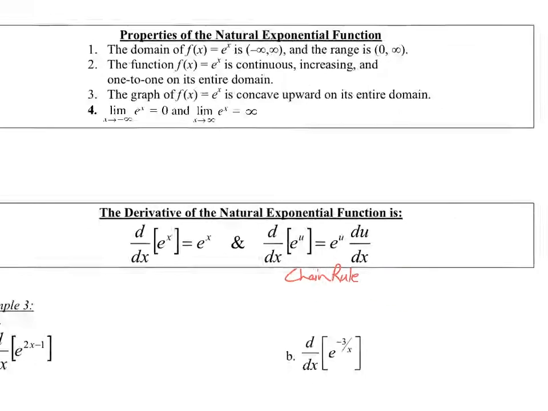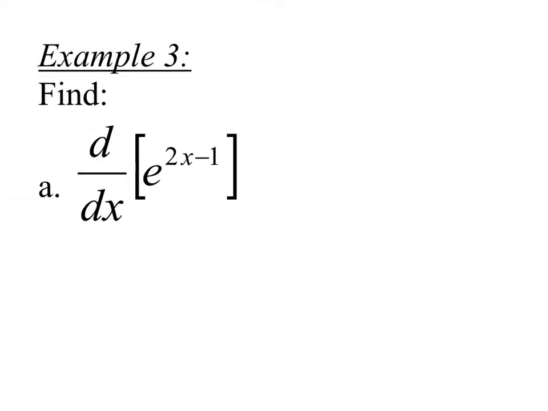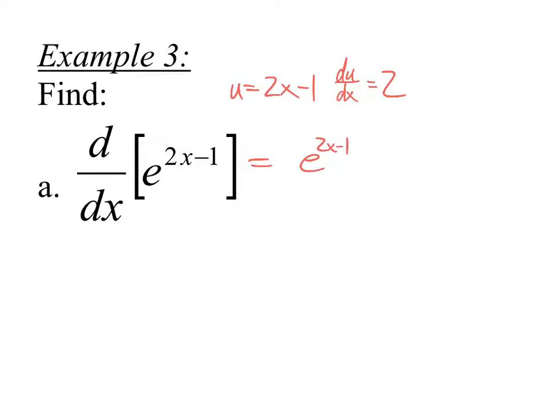So, as I'm looking at this, it's not just e to the x, so I'm going to have to use the chain rule. The u, just to do one completely here, is 2x minus 1. The derivative is exactly what you see, e to the 2x minus 1 times the derivative of the exponent, the du dx.